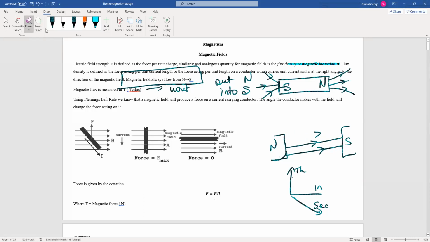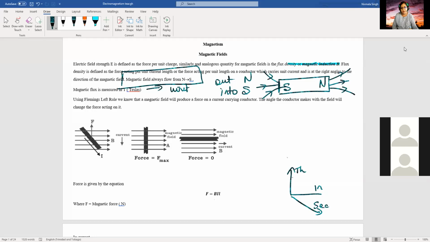No, your thumb. What does your thumb represent in Fleming's left hand rule?